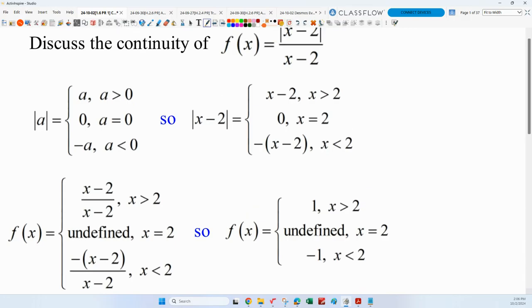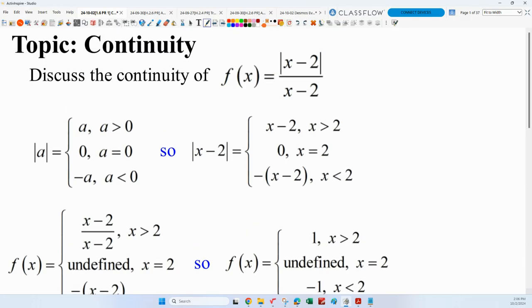Everybody see that? If we're trying to see what the graph of this thing looks like, we would start with the complicated part, which is the piecewise function for the numerator. And then whatever that piecewise function is, we just divide each piece by x minus 2, right? Do you see why it has to look like a piecewise function?